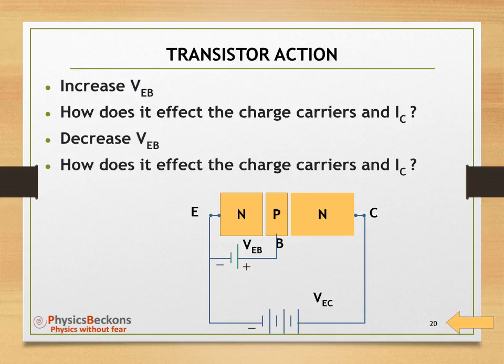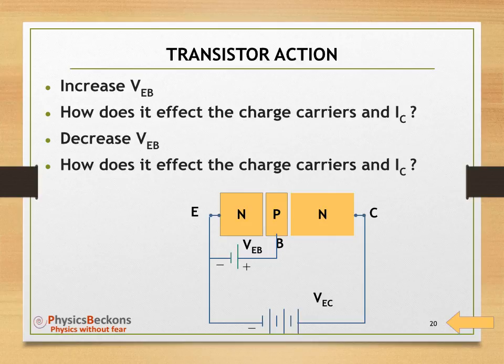Further, if you increase emitter base potential slightly, that is base is made more positive as compared to the emitter, how does it affect the charge carriers and the collector current? The base will be capable of attracting a much larger number of electrons from the emitter. However, it will not be able to stop them because of the low thickness and low doping level.